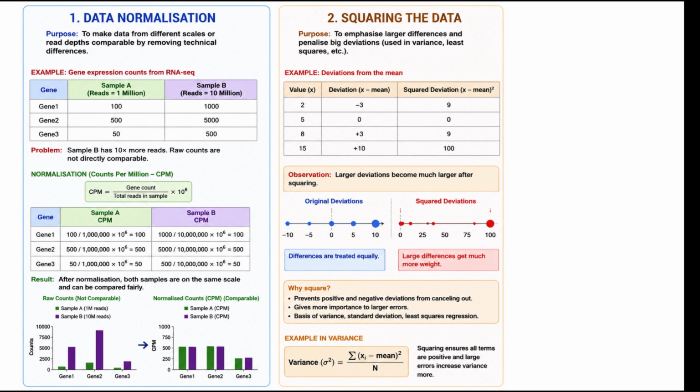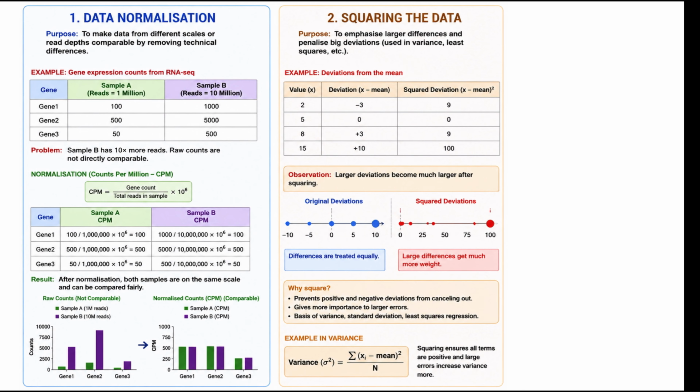We want to be able to say that the difference between these two samples is not due to technical noise or random chance, but is purely a biological difference present between the two samples.